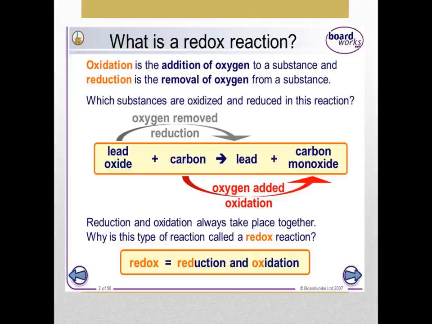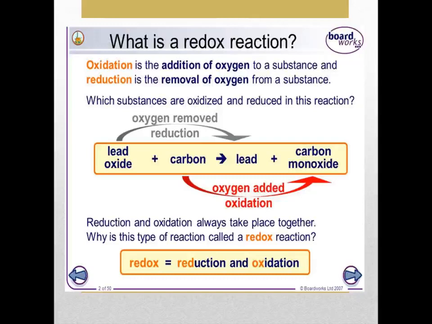What is oxidation? Oxidation is the addition of oxygen. Reduction is the removal of oxygen from a substance. So, which substances are oxidized and reduced in this reaction? See here: lead oxide plus carbon gives lead plus carbon monoxide. Oxygen is removed from lead oxide, which is reduction.